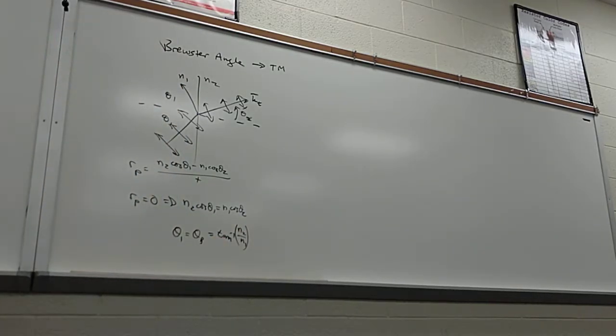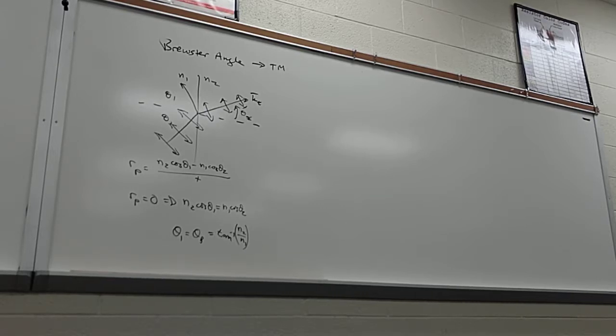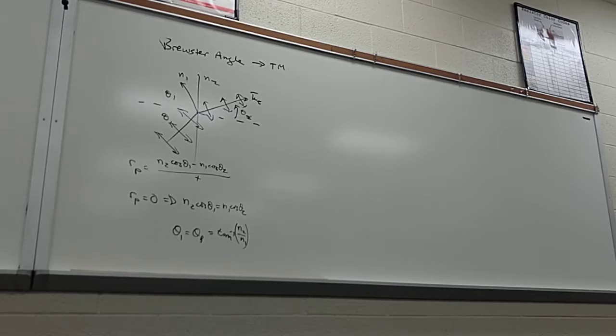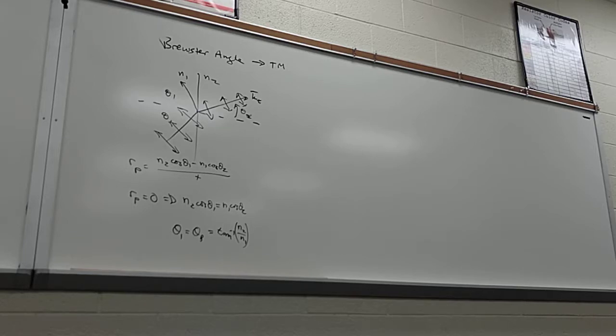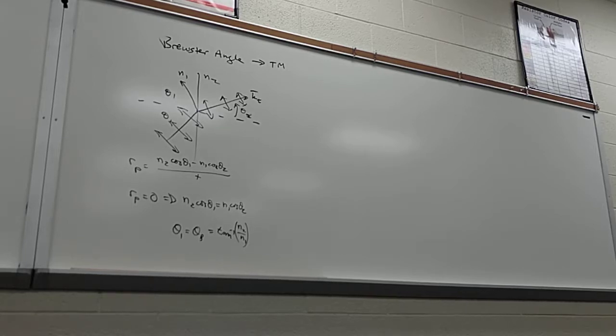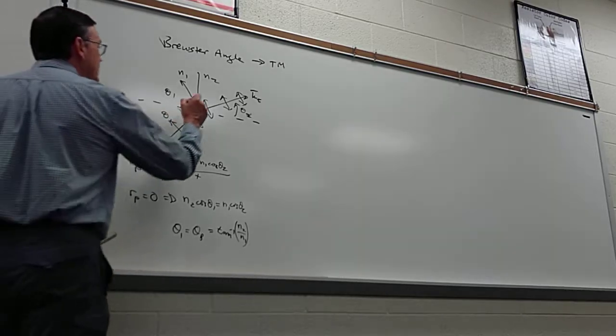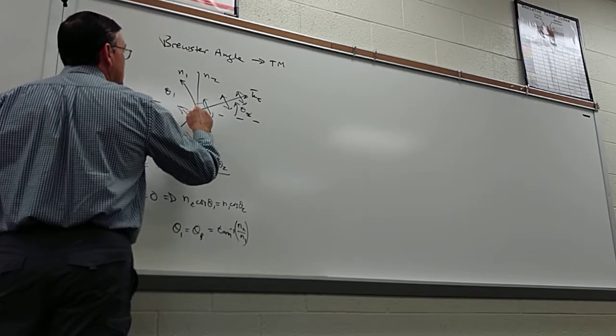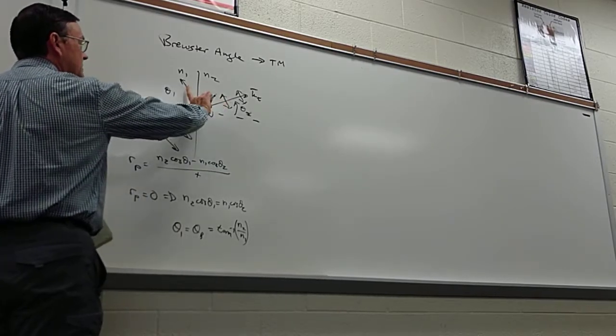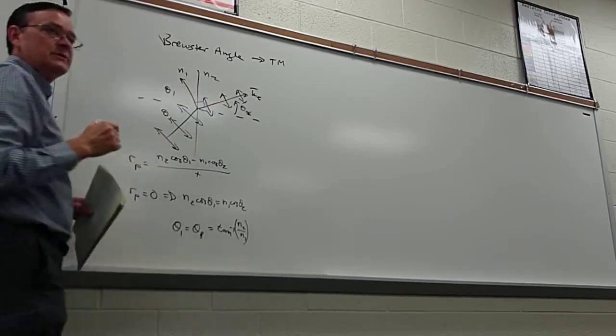And that's true whether we have internal reflection, going from a higher to a lower index, or external reflection, going from a lower to a higher index. It happens either way. And when that does happen, it turns out that this angle right here between the transmitted and reflected waves is 90 degrees.